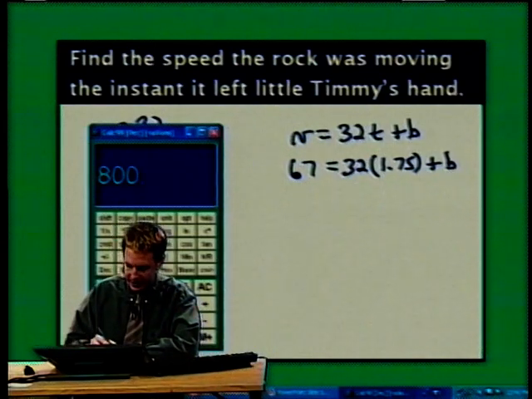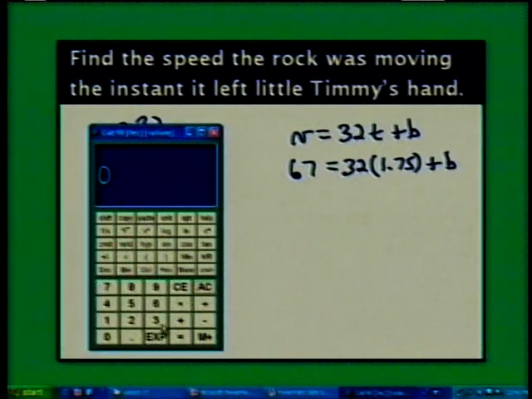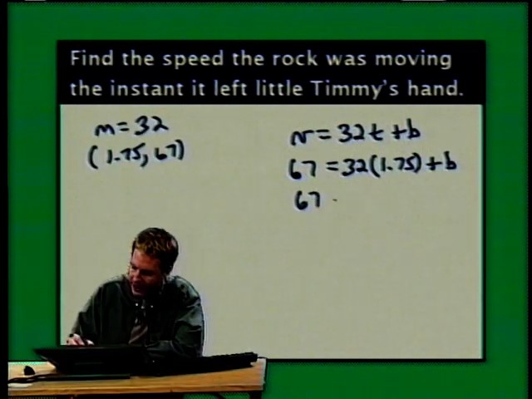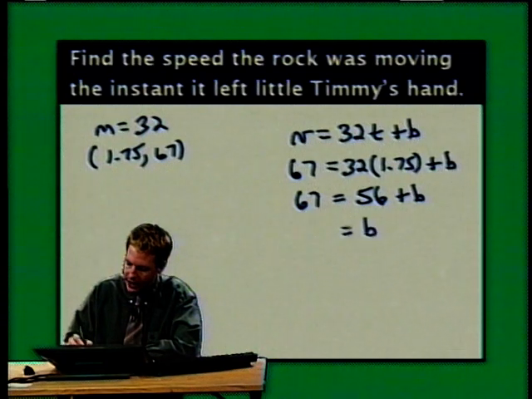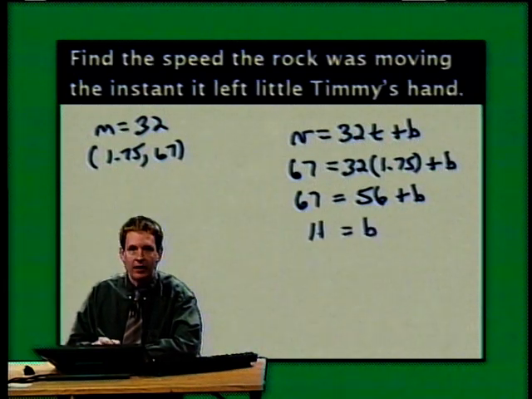We need to take 32 and multiply that by 1.75. So that gives me 56. So we have 67 equals 56 plus b. And when we subtract 56 from both sides of the equation, we get b equals 11.